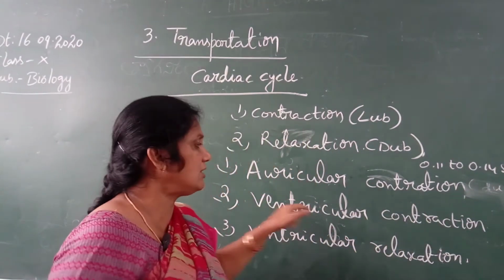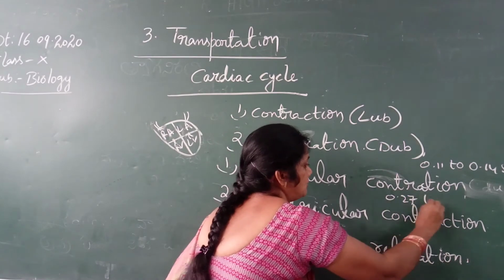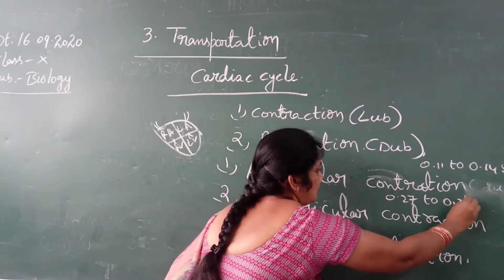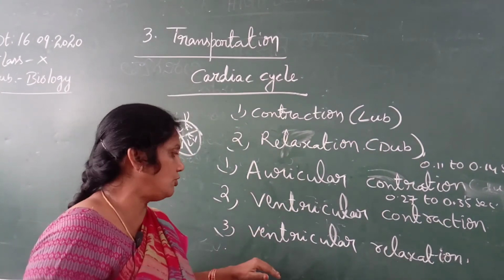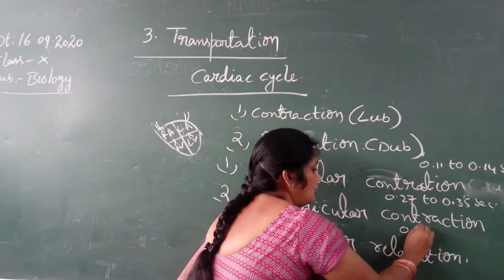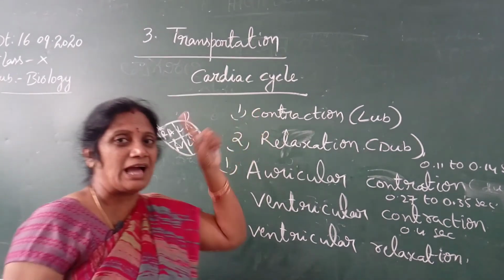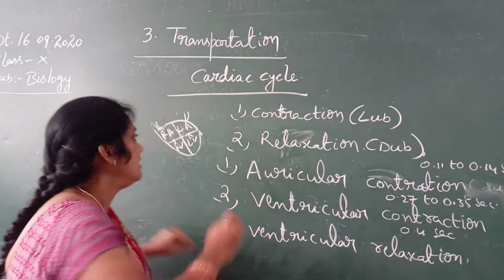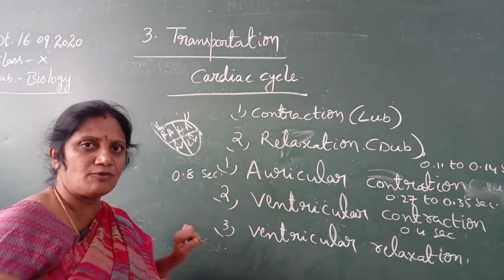Like that, ventricular contraction takes 0.27 to 0.35 seconds. For the relaxation of both auricles and ventricles, they will take 0.4 seconds. And for the completion of one cardiac cycle, it takes 0.8 seconds. Okay, all of you understood?